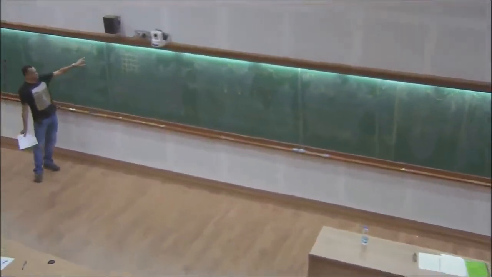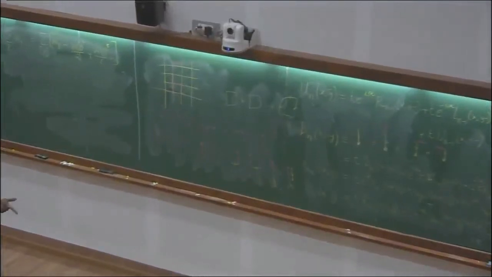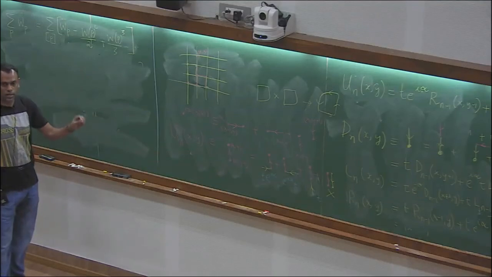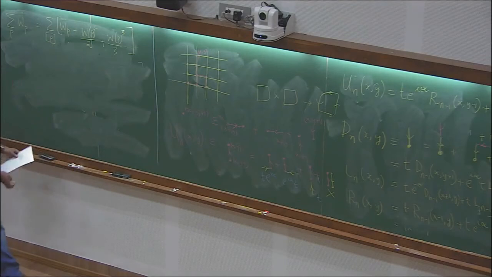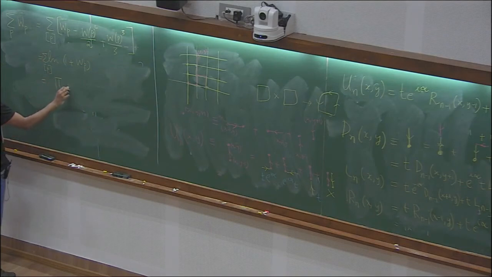So this one says if I want to generate all cycles of period 3, then I have to do this. I take a cube and I take a factor of 1 by 3 for the cyclic symmetry. A sign plus 1 because I take minus, minus, minus 2 times. Number of crossings, the sign doesn't change, and so on. But this is just ln 1 plus WP, into sum over P, which is product over P 1 plus WP log.